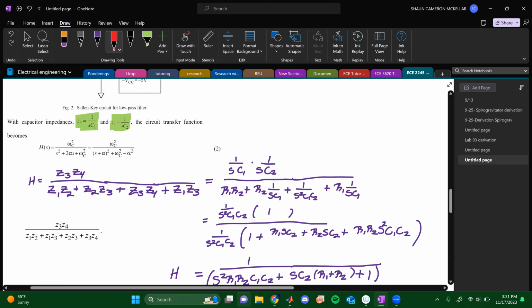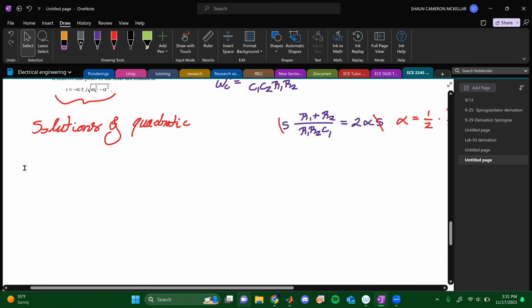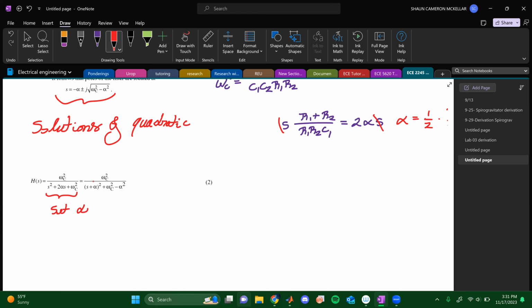From now on, I'm just going to refer to this equation for H because we found all those terms. So this is what H equals. If I want the poles, I would set the denominator equal to 0. And as I'm sure you all know, if I want to find the zeros or the solutions of a quadratic function, I use the quadratic formula.